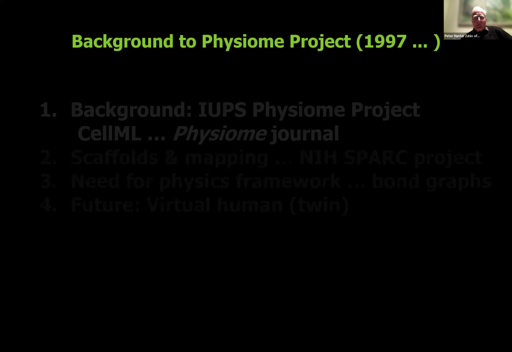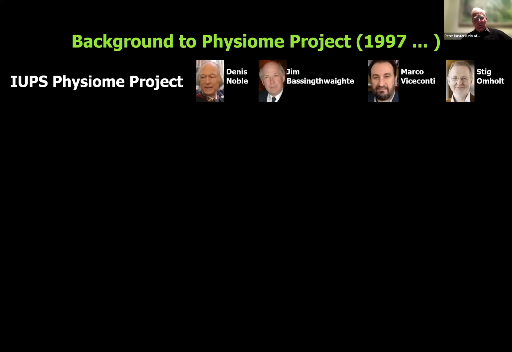So first of all, the background. It really started with Dennis Noble, Jim Bassingthwaighte, Marco Viceconti, and Stig Omholt. This was about trying to get people together around developing tools and standards for physiological modeling.